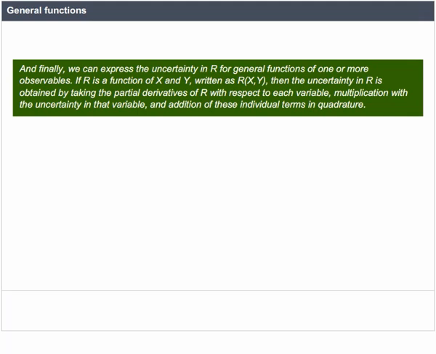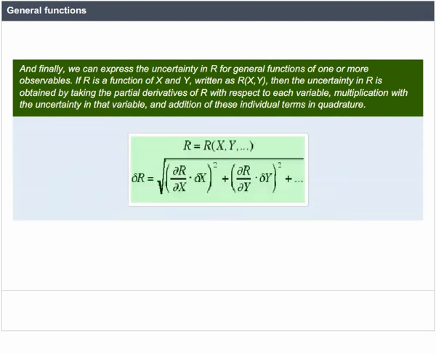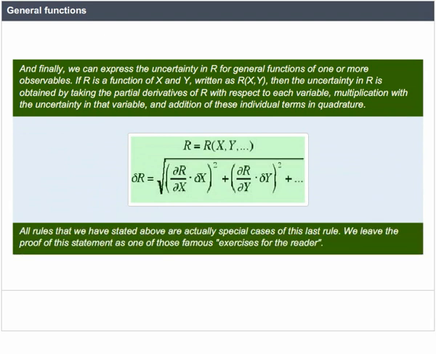General functions. And finally, we can express the uncertainty in r for general functions of one or more observables. If r is a function of x and y, written as r of x comma y, then the uncertainty in r is obtained by taking the partial derivatives of r with respect to each variable, multiplication with the uncertainty in that variable and addition of these individual terms in quadrature. r equal to r of x comma y etc. Then delta r equal to square root of (dou r by dou x into delta x) whole square plus (dou r by dou y into delta y) whole square plus etc. All rules that we have stated above are actually special cases of this last rule.